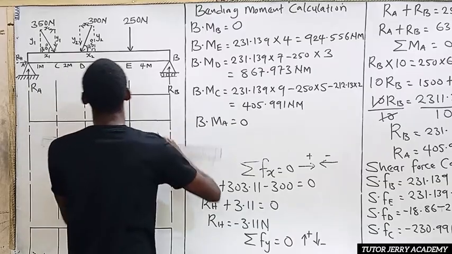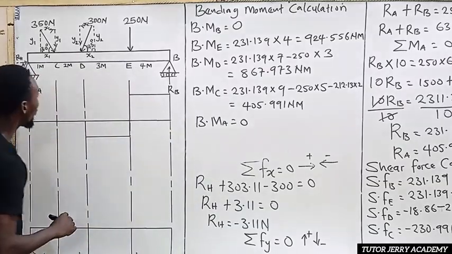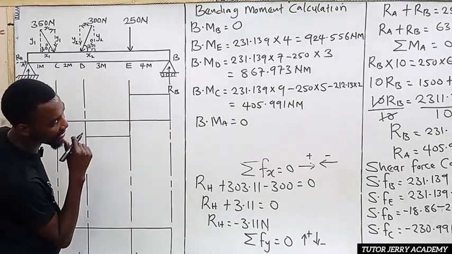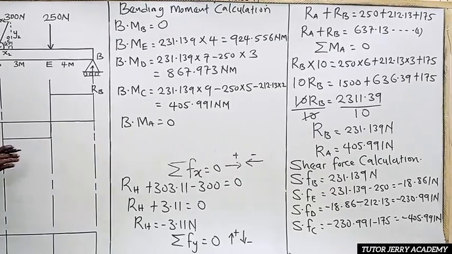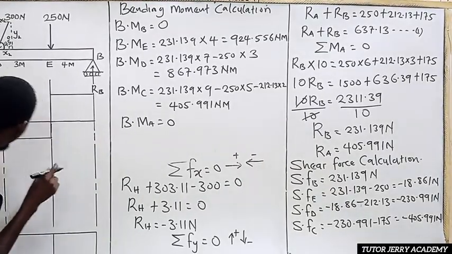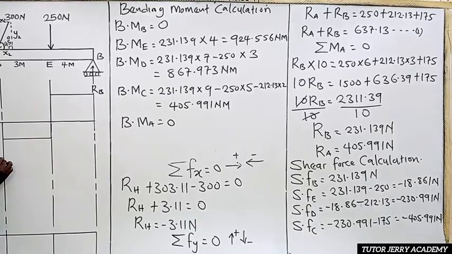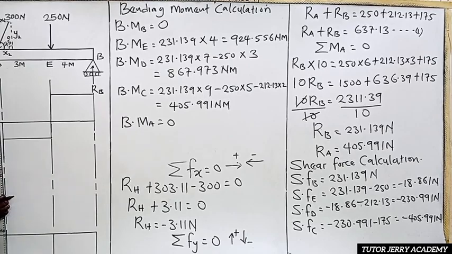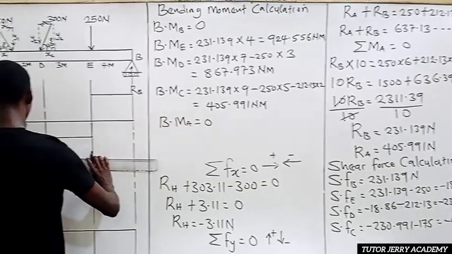All right, at point D, the shear force is negative 230.99. So we are still going down, so let's make use of these points. And between D and C we don't have any load, so we have a constant line here.